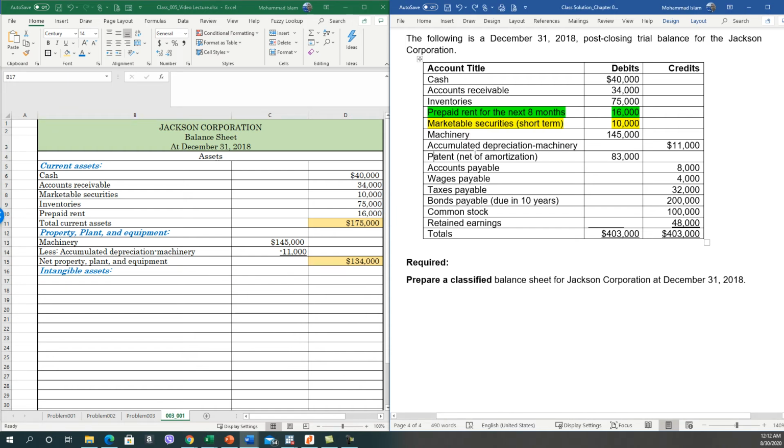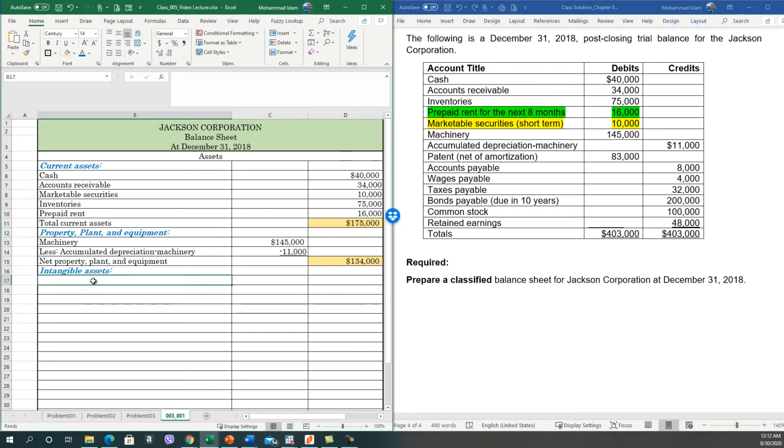That is the patent net of amortization, meaning we have already subtracted the amortization. Amortization is something like depreciation. So the patent is 83,000. This is also an asset, so we are using the same color for all the assets.